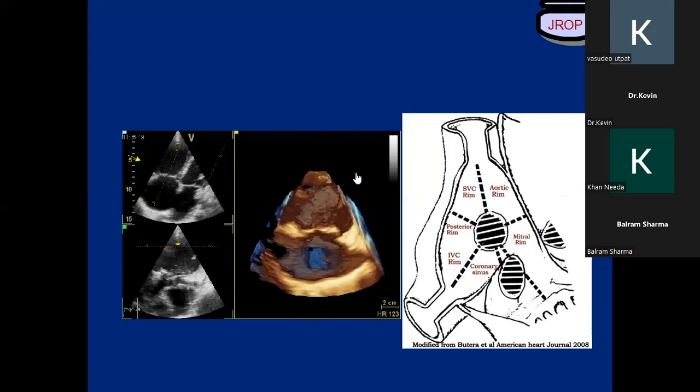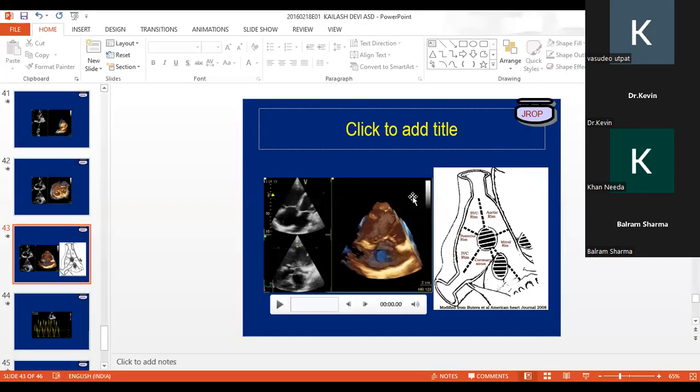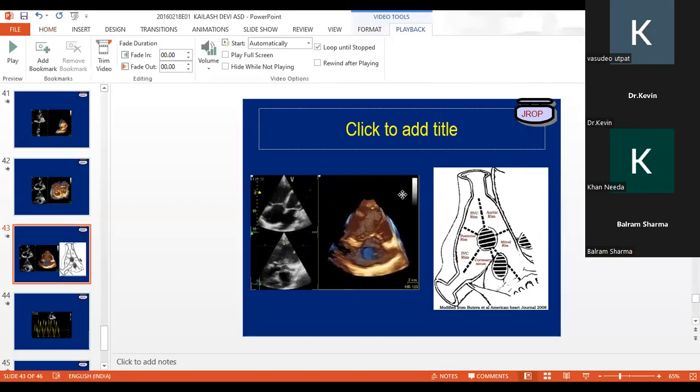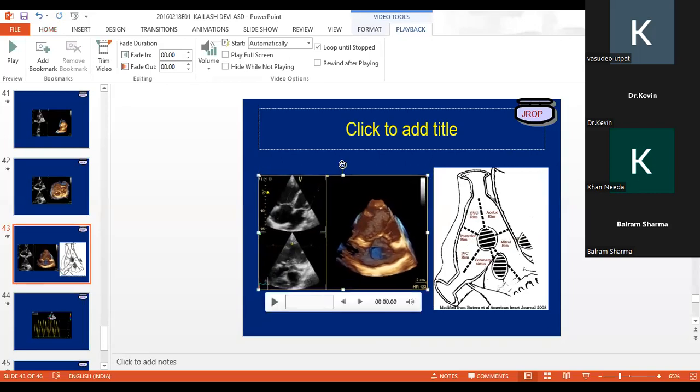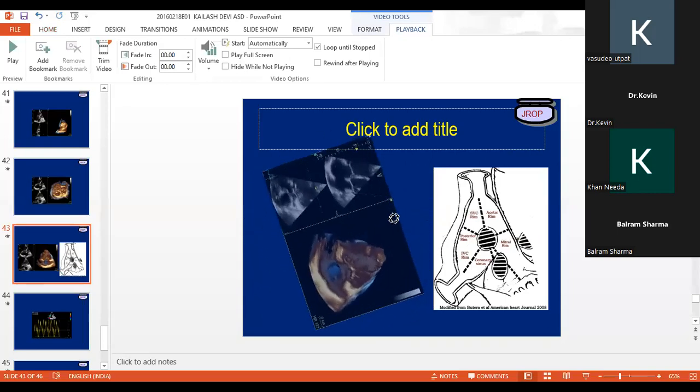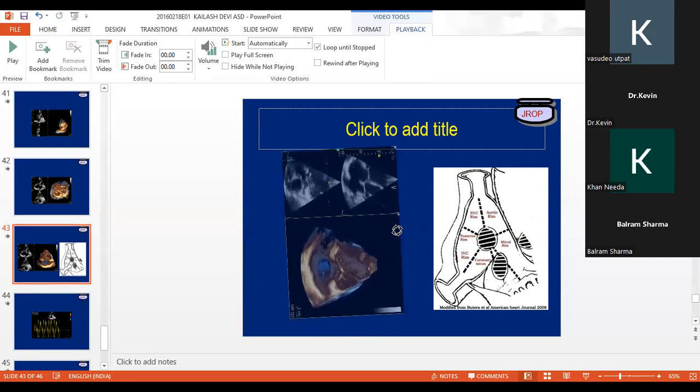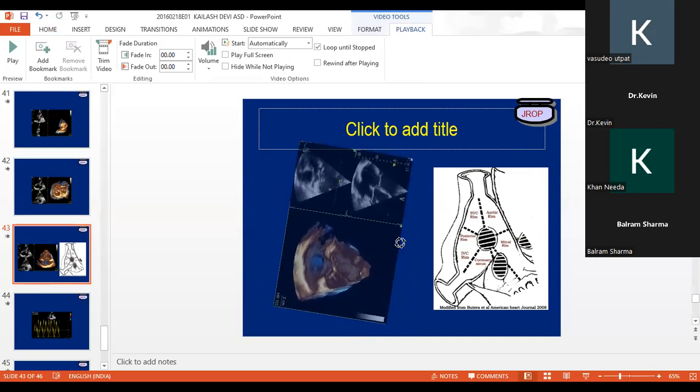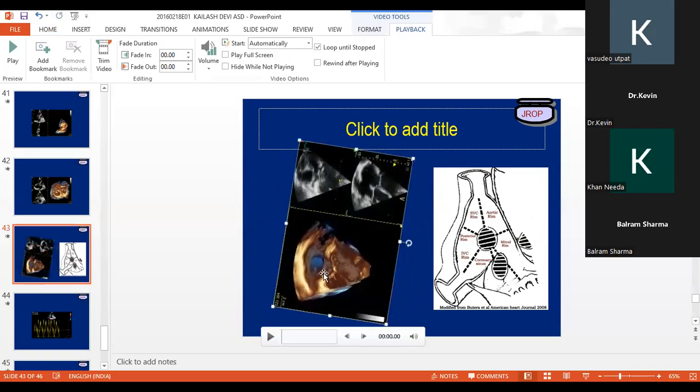Look, I have tried to derive this image. If I rotate this image of mine, just hold on, I'm going to rotate this image of mine. So this is a hole. This could be a possible SVC.